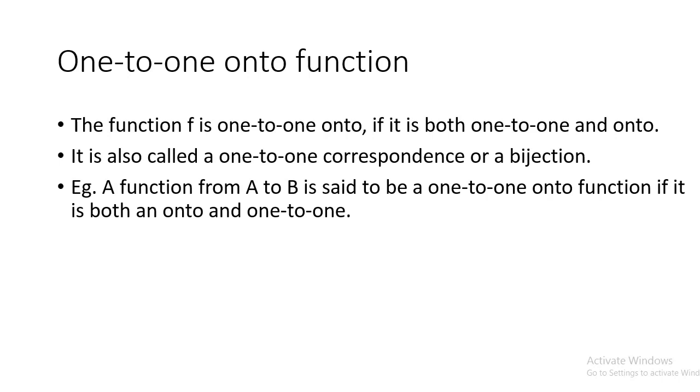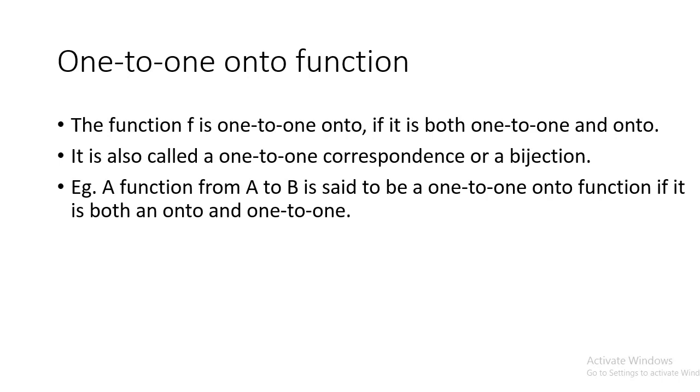Recall, in case of a one-to-one function we say injection. In case of the onto function we say surjection. But in case of the one-to-one correspondence we say it is a bijection. Understood the difference between the three functions?